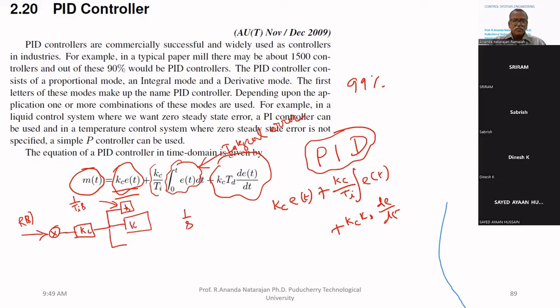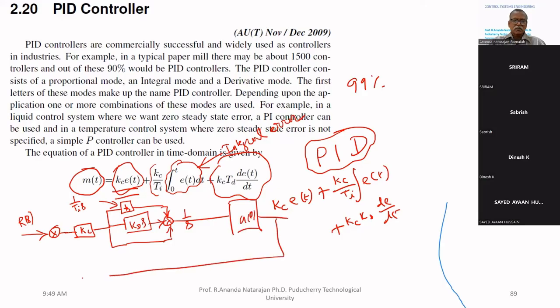Derivative compensation is KdS. This is the proportional path. All are added together. That's all. This is given to system G of S. You see that this is integral mode, derivative mode, proportional mode. That's why it is called PID control.